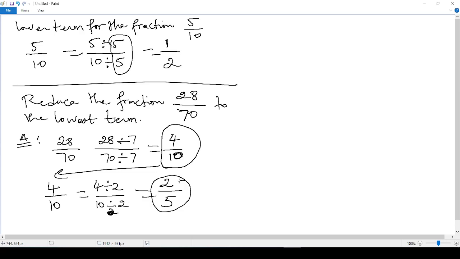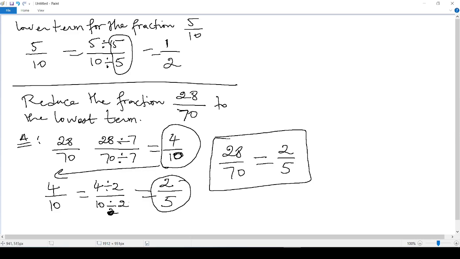We cannot reduce 2 over 5 further. So our answer, 28 over 70, is equivalent to 2 over 5. And 2 over 5 is the lowest term because from 2 over 5 we cannot go lower.